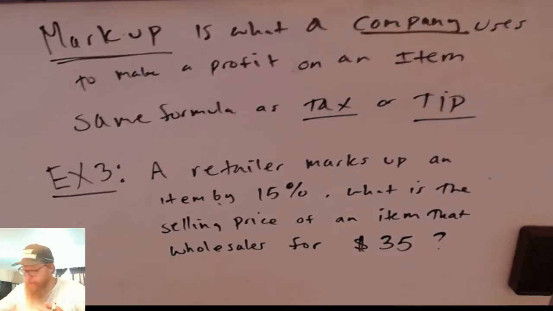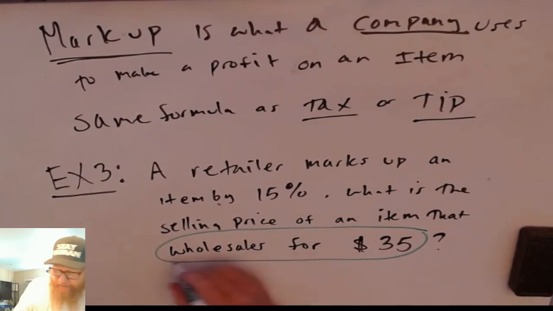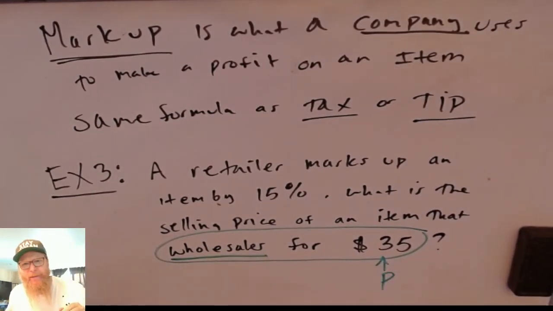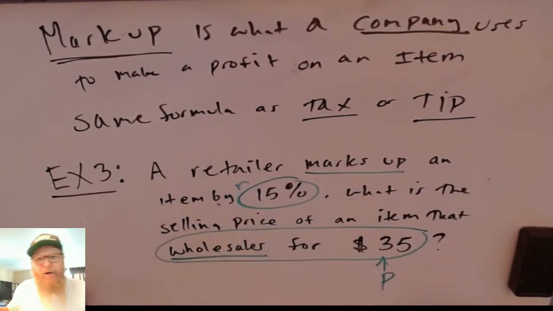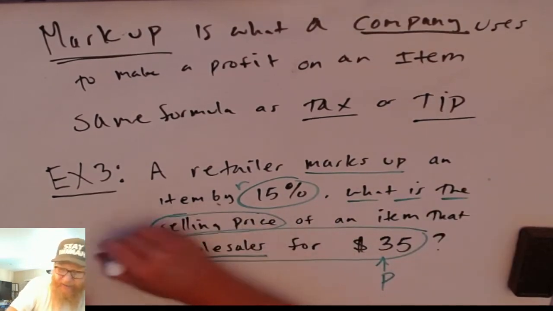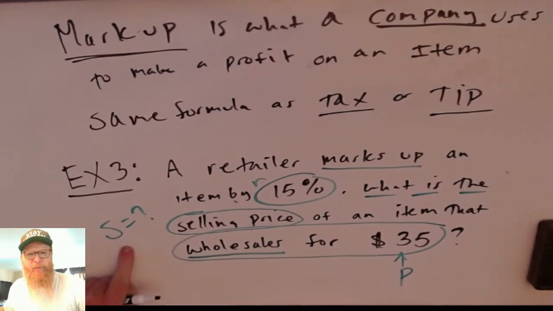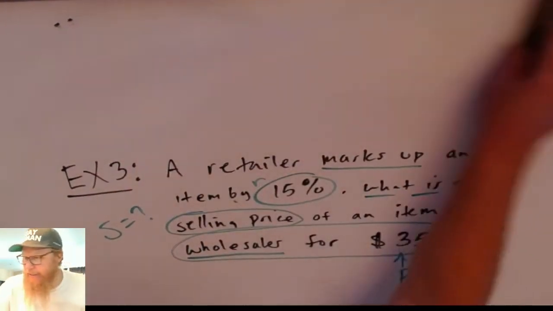The wholesale price is kind of like the original price, so that would be our P. And then the markup is your R. We want to know what the selling price is, so the unknown value is S. That's what we're looking for. It's basically the same thing as taxes and tips.